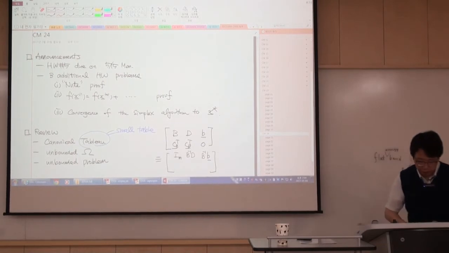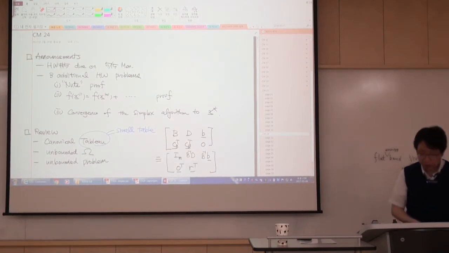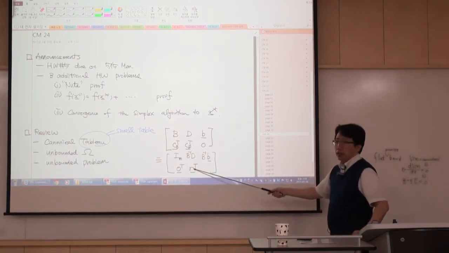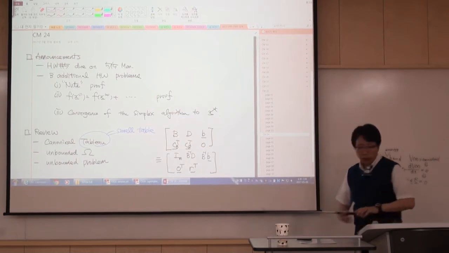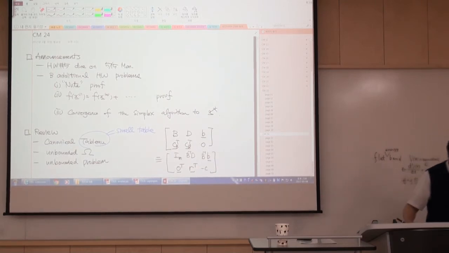In that case, you automatically have some row vector here.